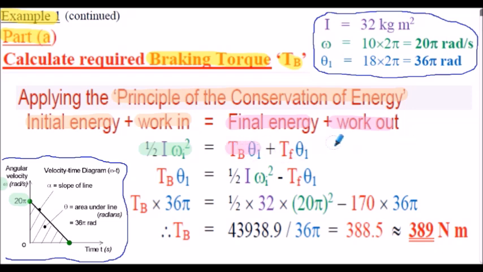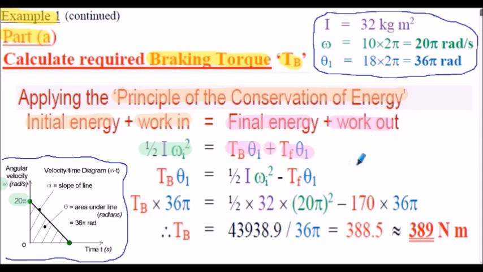And we're also told in the question there's a constant frictional couple applied throughout, so there'll be work done against the friction, that's friction in the bearings, etc. So that's add TF θ1. So that's the right hand side of our equation, all related to work out of the system. Work done from the brakes used to bring the shaft to rest over the 18 revolutions, and also work done against the bearing friction, etc. Because the question wants us to find the braking torque, all we do now is simply rearrange the equation to find the braking torque.